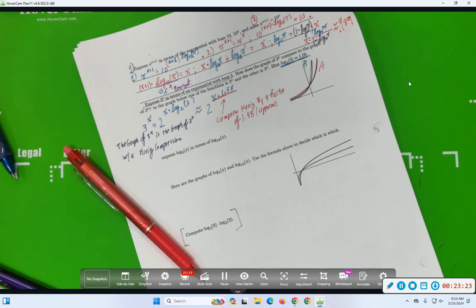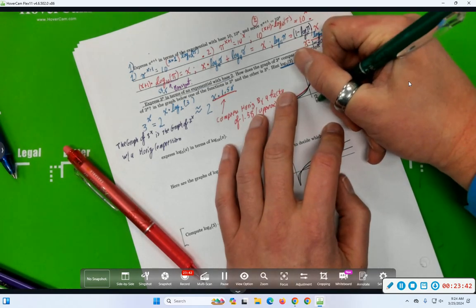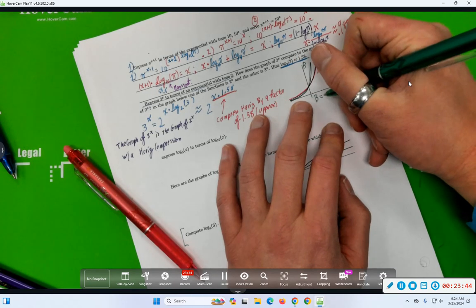Which one of those looks like it's the horizontally compressed version of the other? B is the compressed one. Oh, cool. So which one should be 3 to the x then? The 2 x. Nice.